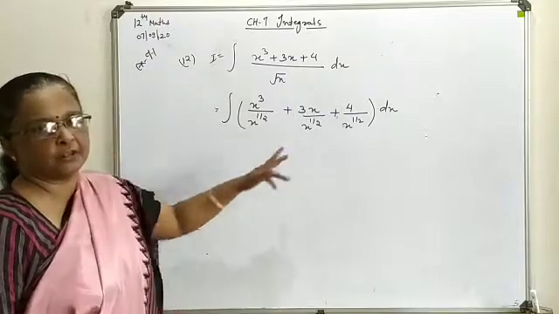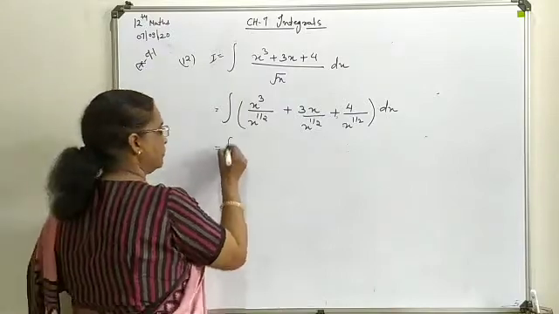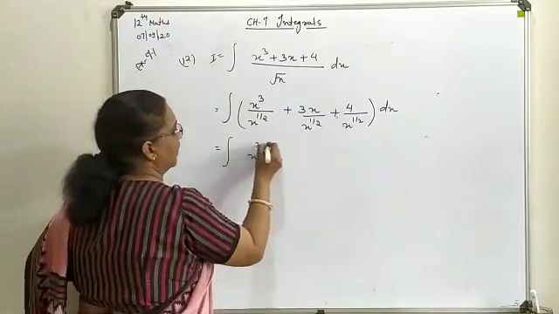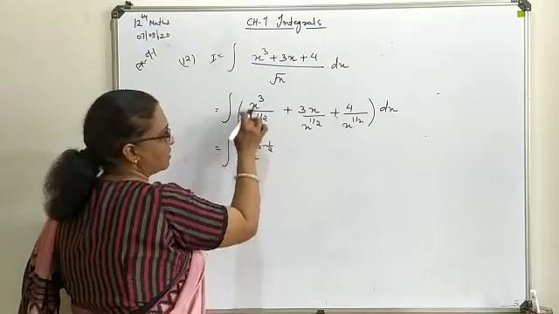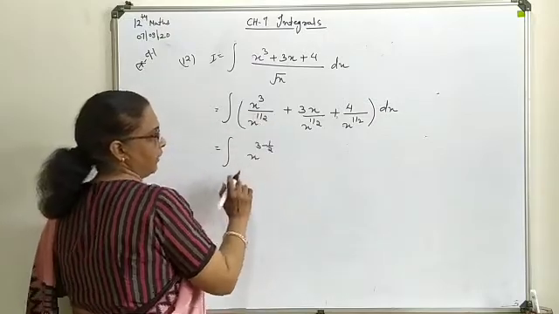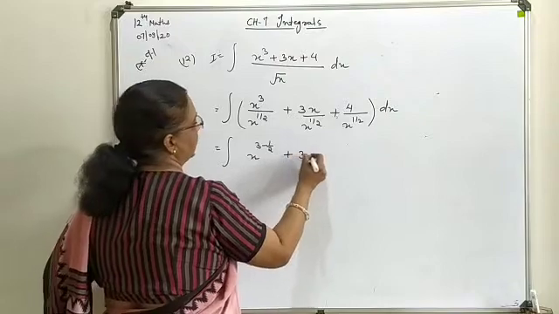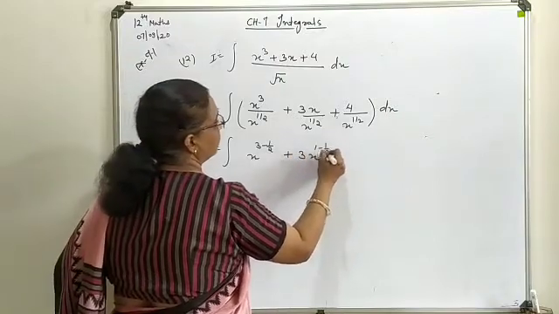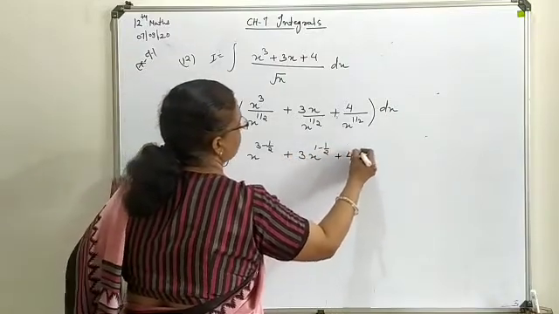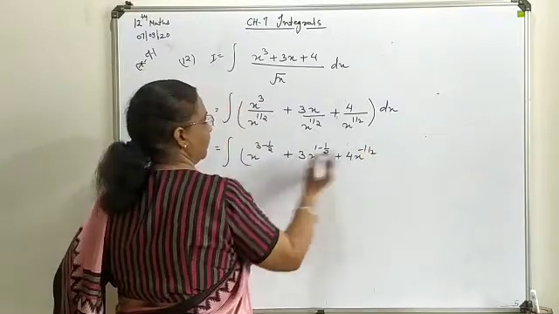Now make the adjustment of power everywhere. x power 3 minus half, bases are same, so power can be subtracted or added, plus 3 x power 1 minus half, plus 4, this you write as such with the negative.